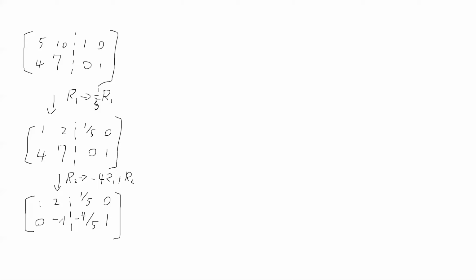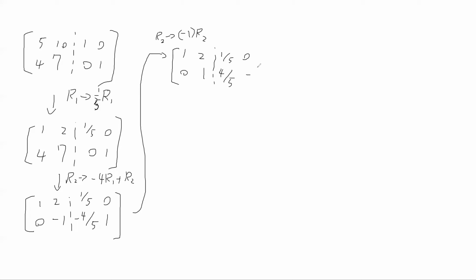Now I want to make this a positive one, so multiply row 2 by -1. Okay. And -1, so I have 0, 1, positive 4/5, -1, like that. All right, now last, we just need to make this a 0.